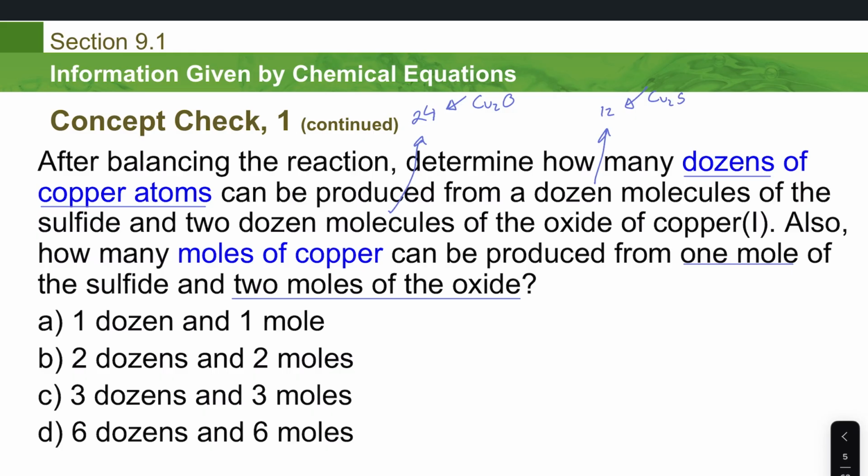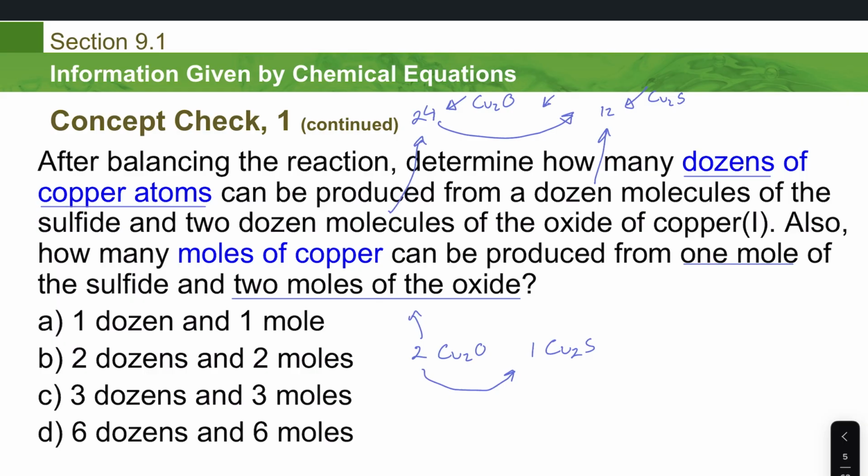It's basically like saying 2 Cu2O and 1 Cu2S. The reason I say they're the same is because the ratio of this to this is the same as the ratio of this to this. So we could divide all of the ones above by 12 to get the same number. But let's head back real quick.